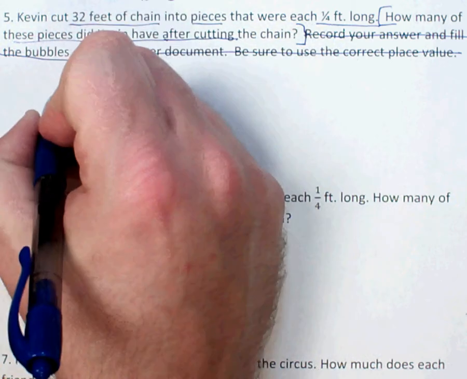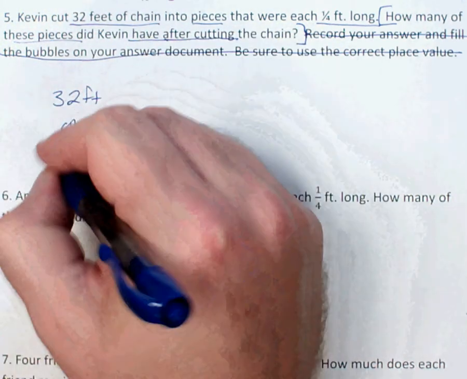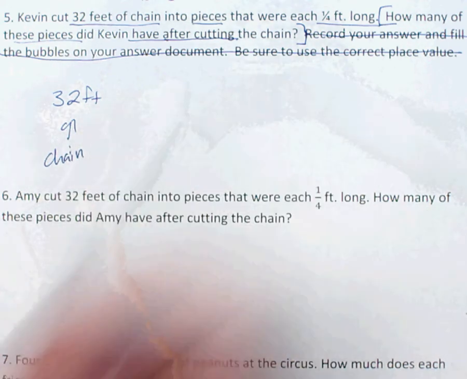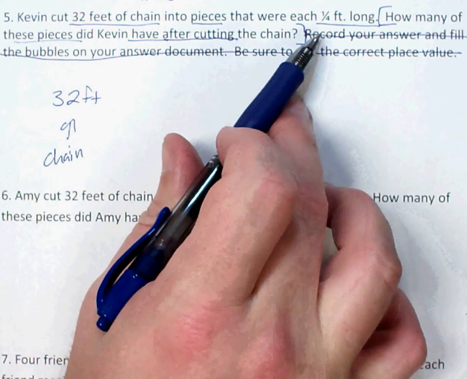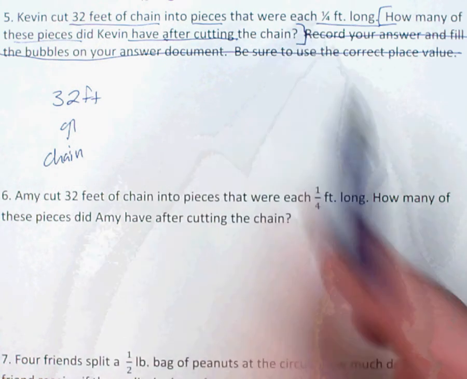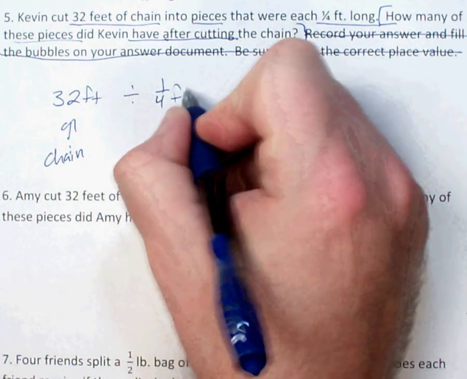So we start out with a 32-foot piece of chain. And what he's doing is he's dividing it up into 1/4 foot long pieces. So we're dividing it up into 1/4 foot pieces.